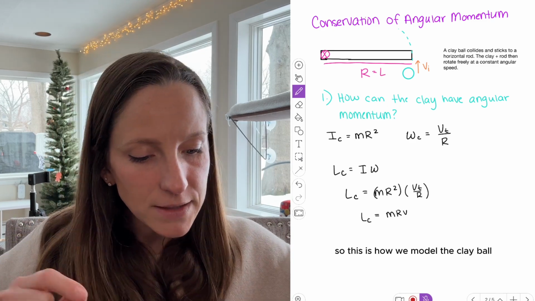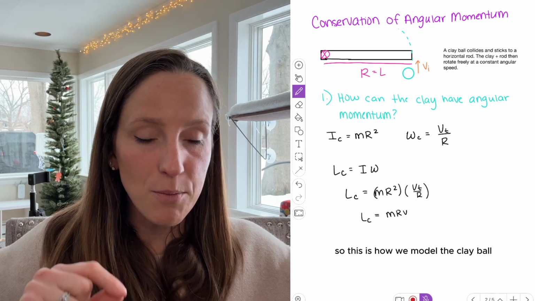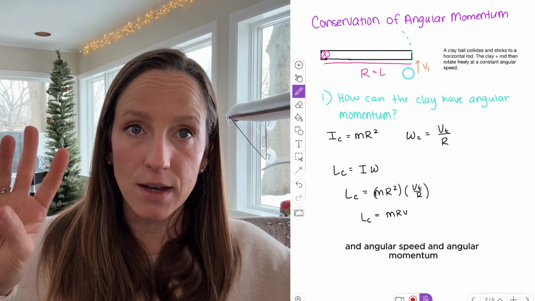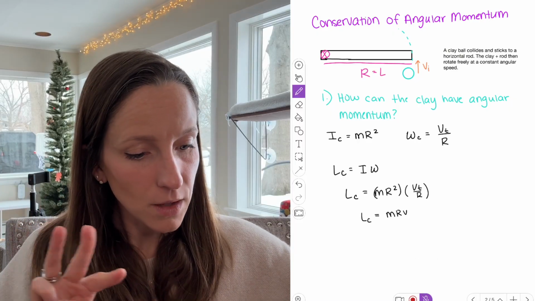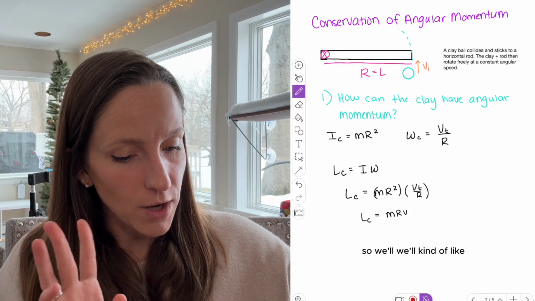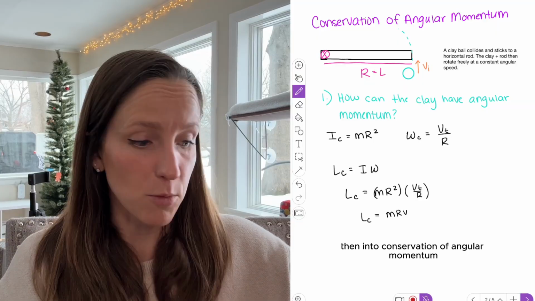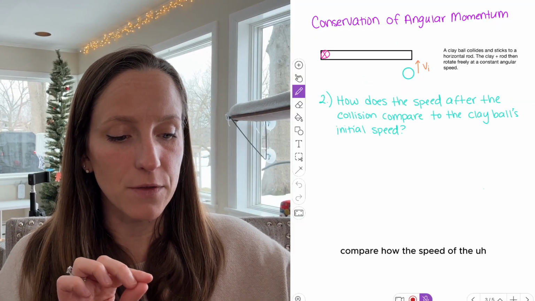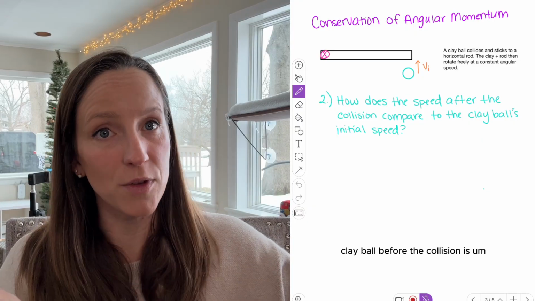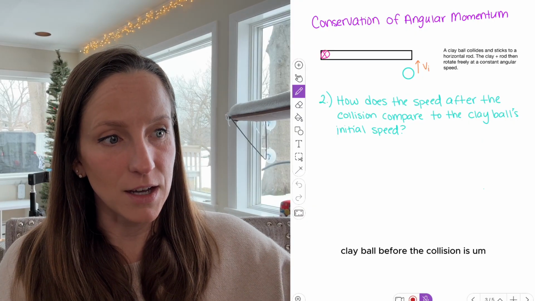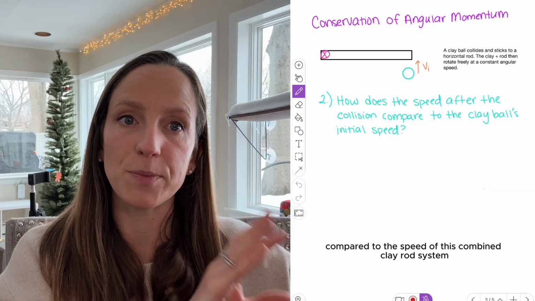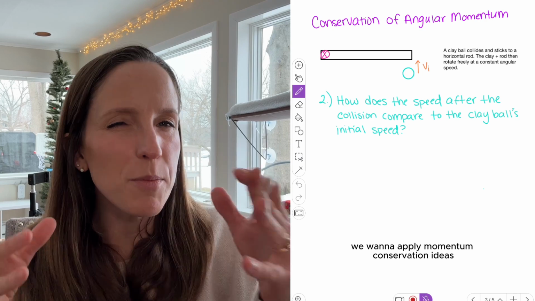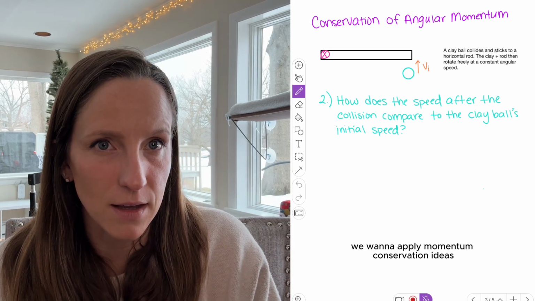So this is how we model the clay ball as having a moment of inertia, an angular speed, and angular momentum. So we'll translate that into conservation of angular momentum. If we want to compare the speed of the clay ball before the collision to the speed of this combined clay-rod system after the collision, we want to apply momentum conservation ideas.